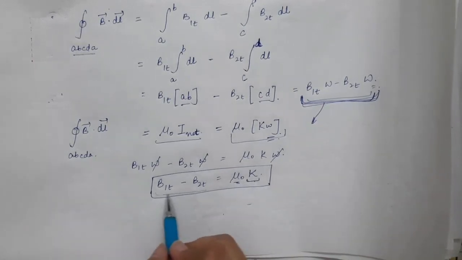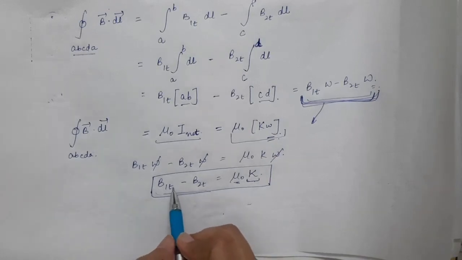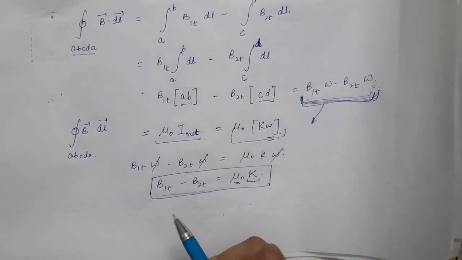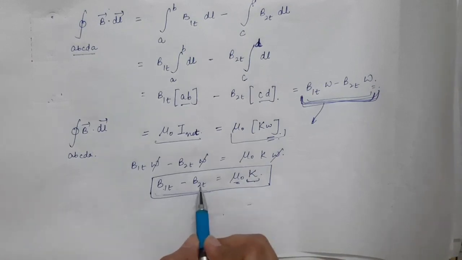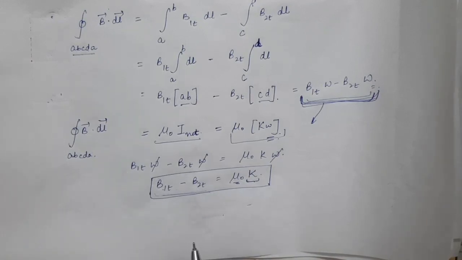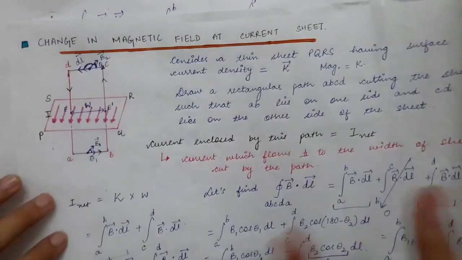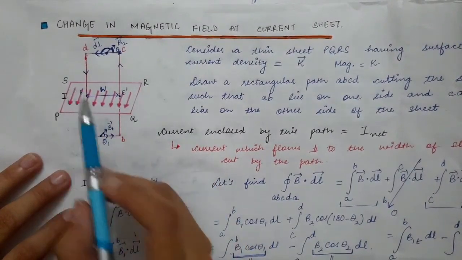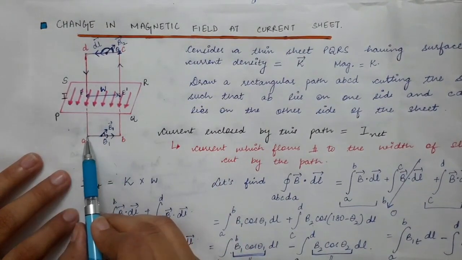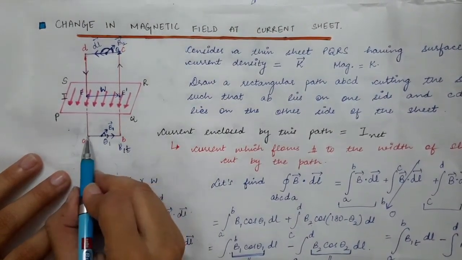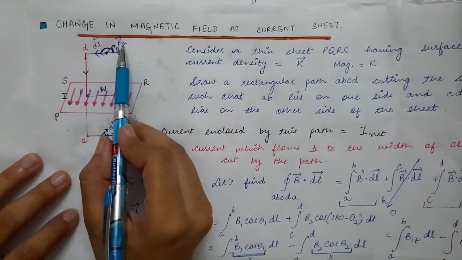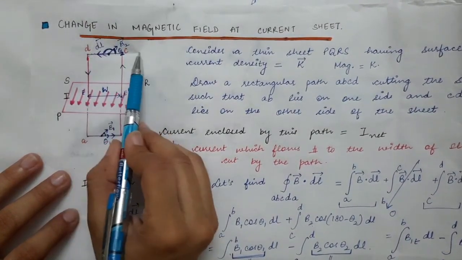So this is also called the parallel component. B1T and B2T are called tangential components of the magnetic field, and they are also called parallel components of the magnetic field, as these components are parallel to the plane of the sheet. We have already seen in the diagram, this was the sheet that we considered, and B1T was the component of the magnetic field in this direction, as well as B2T is the component of the magnetic field in this direction.